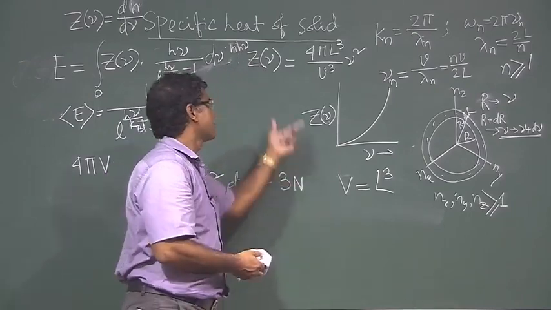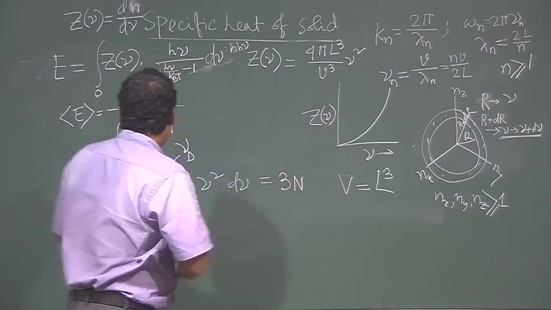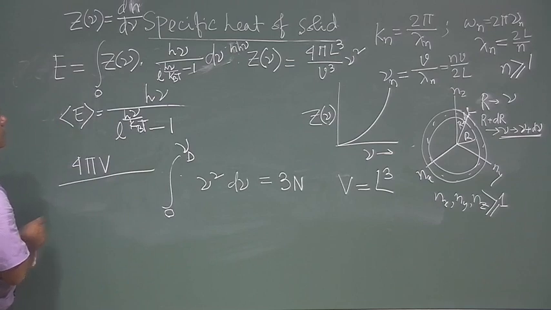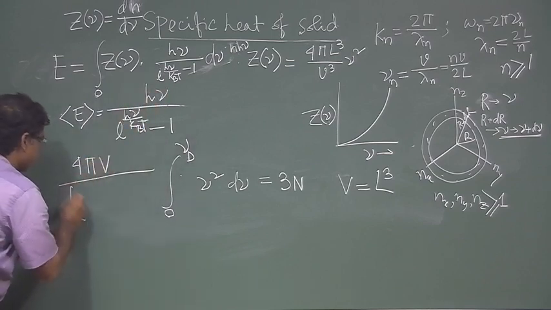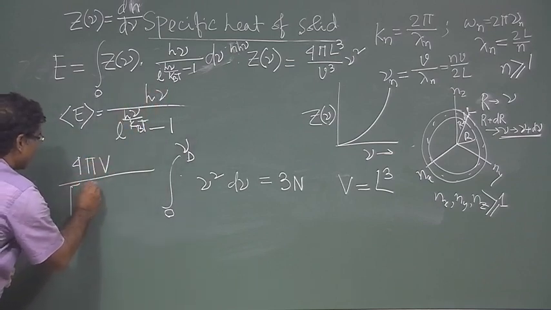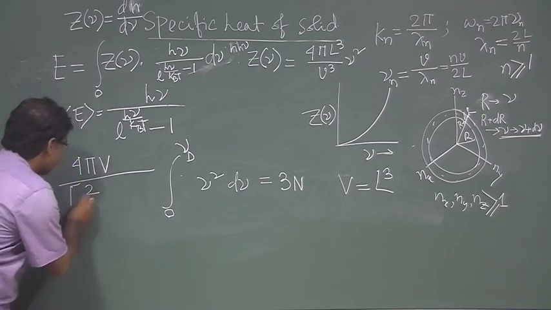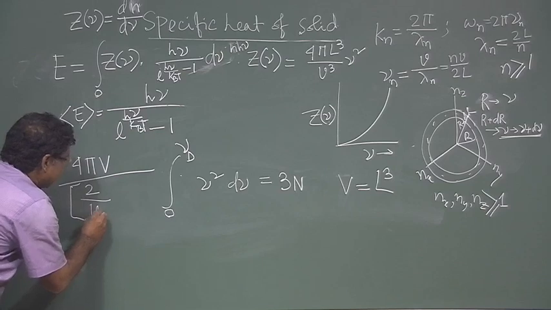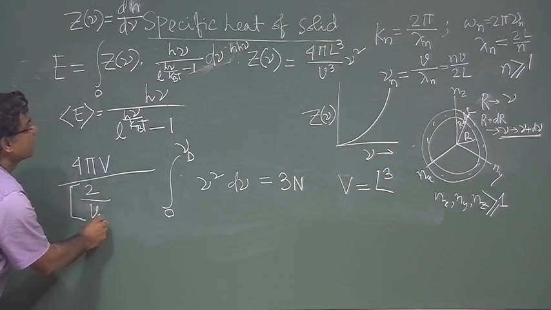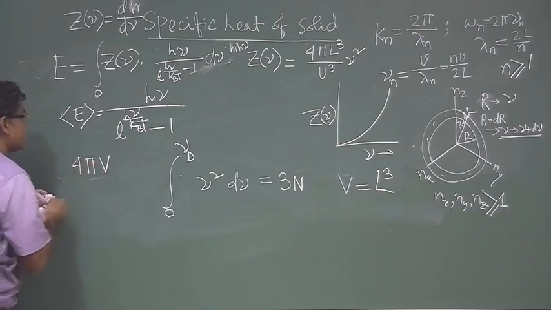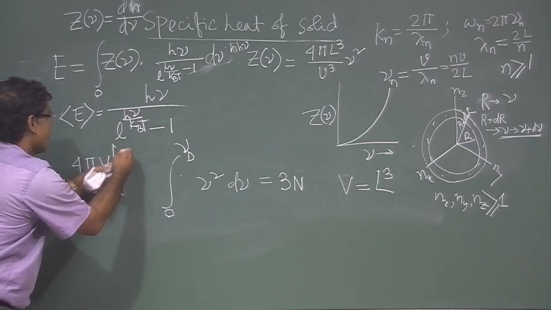So, since the velocities are different, I have to write separately. So, these 4 pi, so v cube. Basically here I will write 2 modes transverse, 2 modes are there. So, this is 1 by v cube.